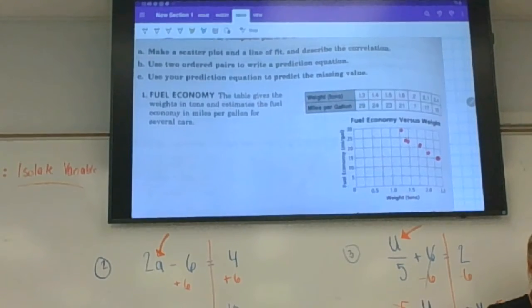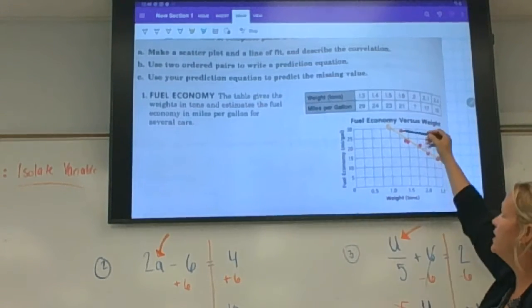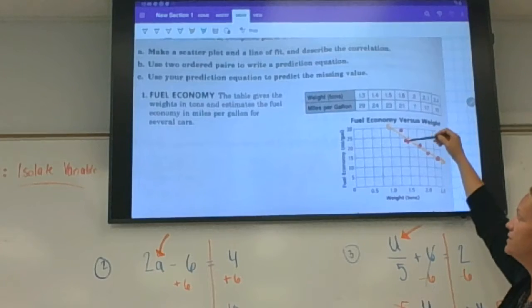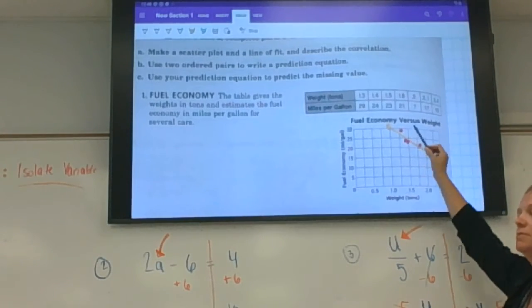Erase. A little better. I actually feel really good about this. I have 2 points above, I have 2 points below, and I'm actually going through 2 points. I'm happy with this line.